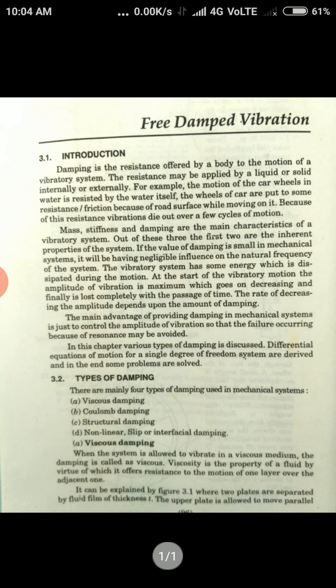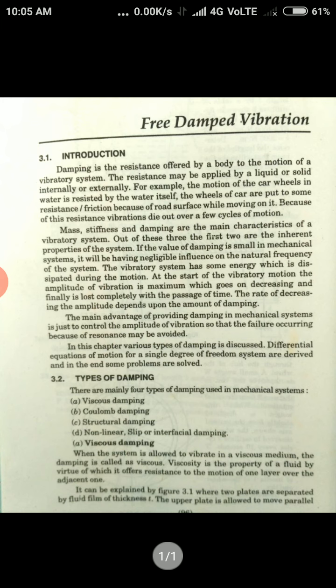There are generally 4 types of damping. In the earlier scheme we had this, but now you don't have this explanation about the different types of damping. Just remember there are basically 4 types. One is viscous damping, that is due to the fluid. Second is Coulomb damping or dry friction. Third is structural damping, that is due to the internal resistance inside the body when a force is applied.